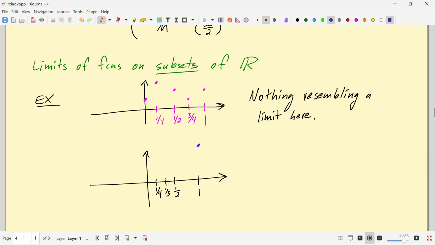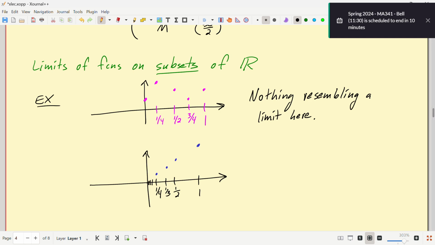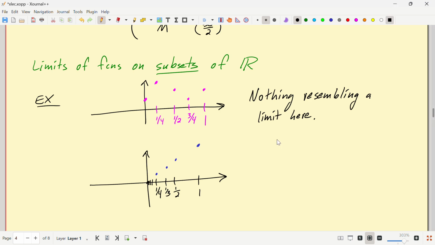There's 1 over 1, 1/2, a third, a fourth, etc. And then they start piling up at 0, and we expect those, they'd look weirder than that probably. That looks like a straight line. But 1 over n goes to 0. And so there is something looking like a limit here. Limit of 1 over n is equal to 0. And we do see something sliding into the origin.